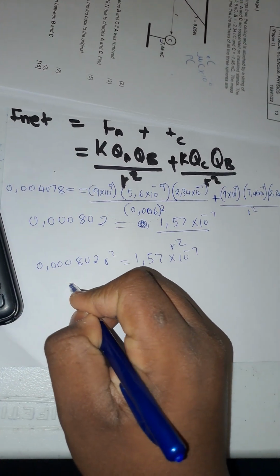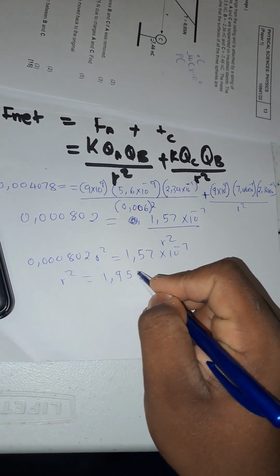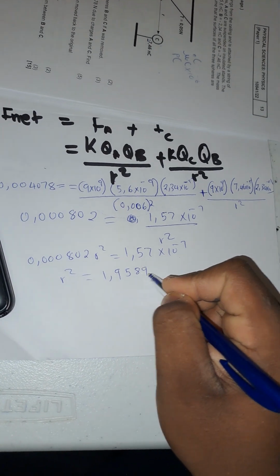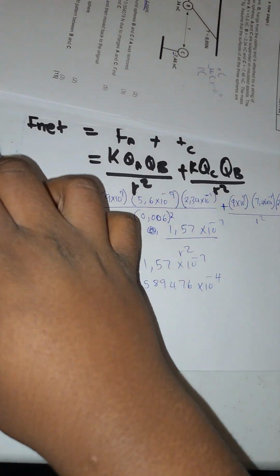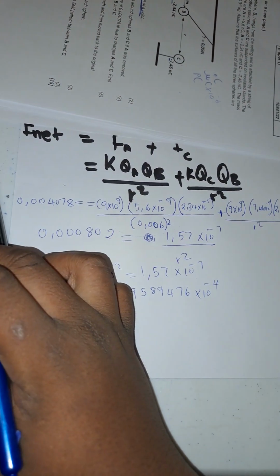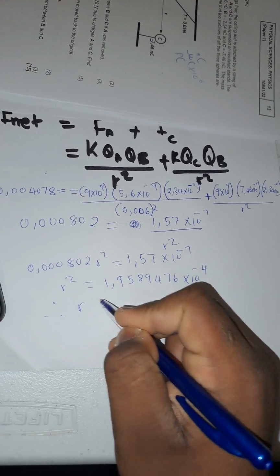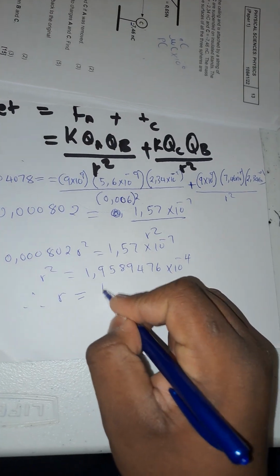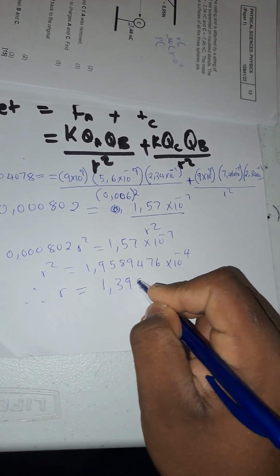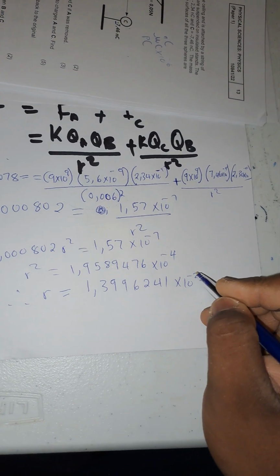You're gonna get R squared is equal to 1,9589476 times 10 to the power of negative 4, and then find your square root. When you do the square root of this whole thing, it will be R. It is equal to 1,3996241 times 10 to the negative 2.